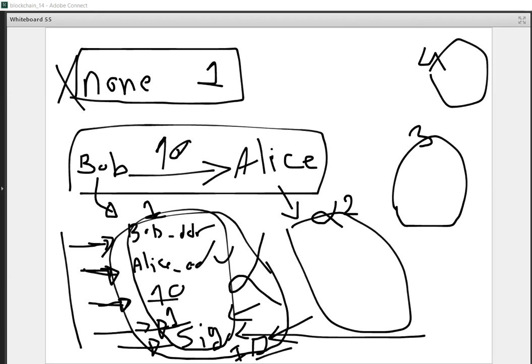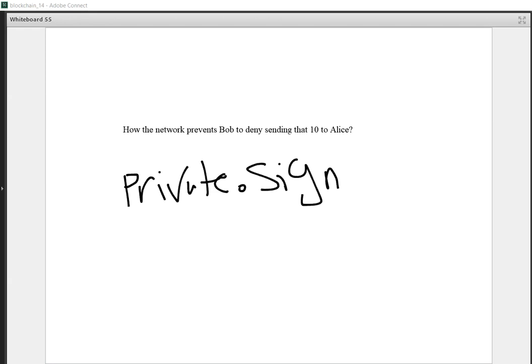Only one person, Bob. If we have this signature here, it means that this signature was created using Bob's private key. And who has the private key of Bob? The only person is Bob. So this digital signature inside the transaction prevents Bob from cheating, prevents Bob from denying sending the money. Understand?